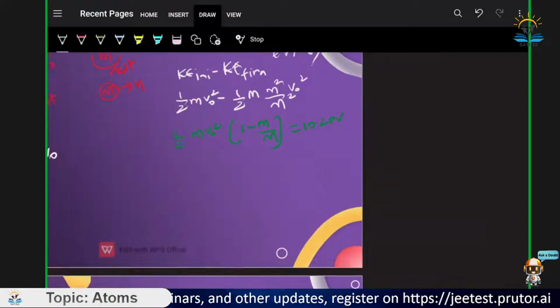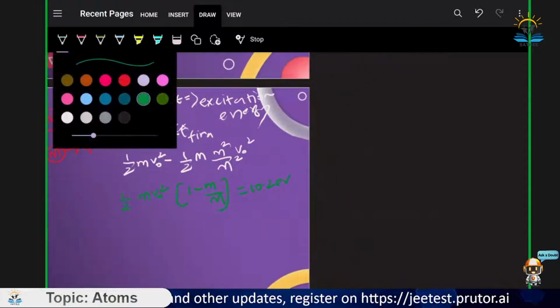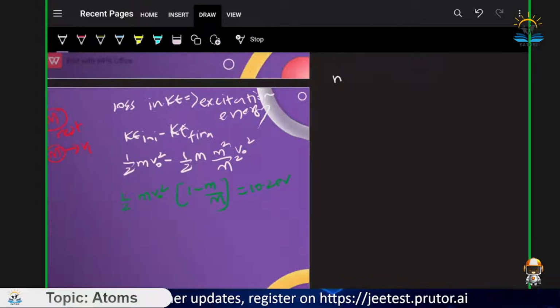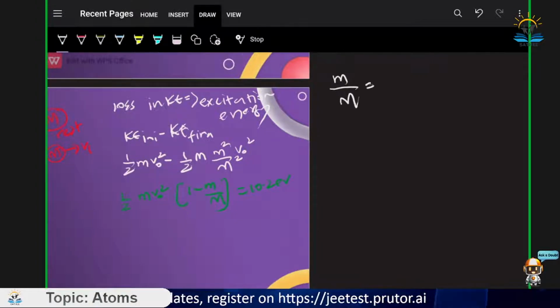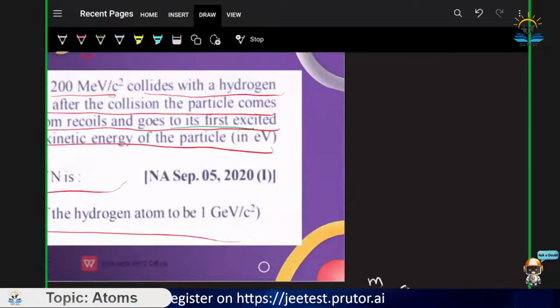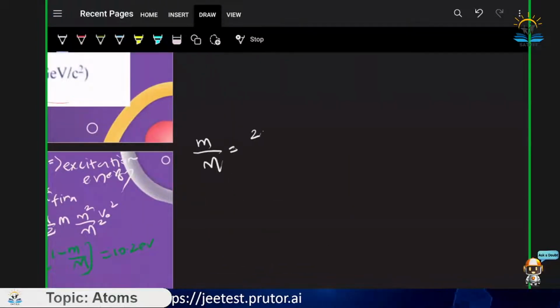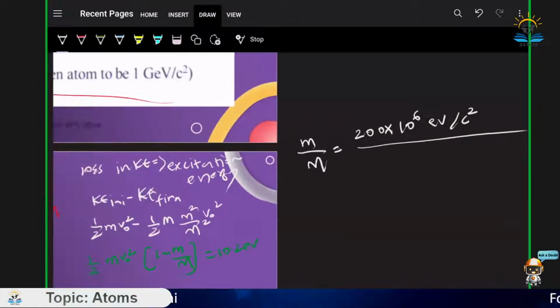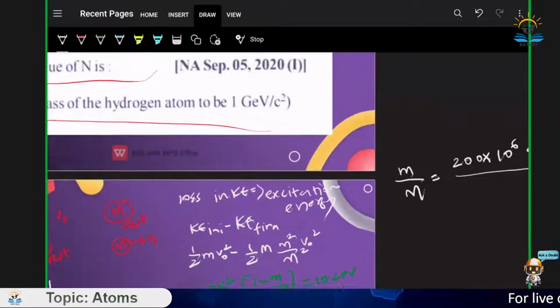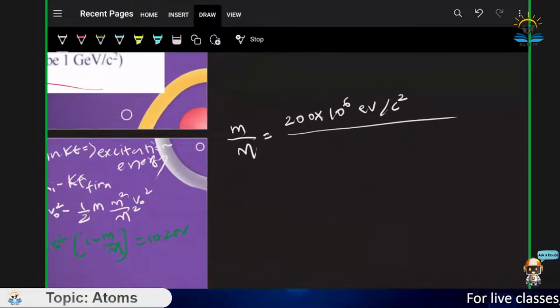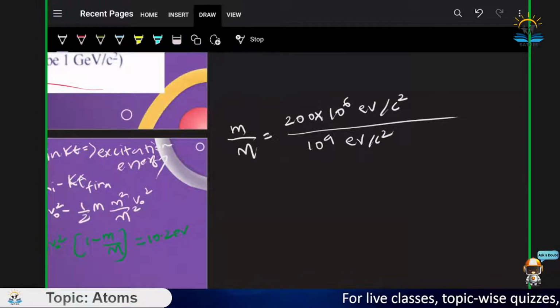Next, we have to find small m by capital M, that is mass of the particle by mass of hydrogen. Mass of the particle is given as 200 mega electron volt, that is 200 into 10 raised to 6 electron volt per c square, divided by the mass of the hydrogen atom, 1 giga electron volt, that is 1 into 10 raised to 9 electron volt per c square.